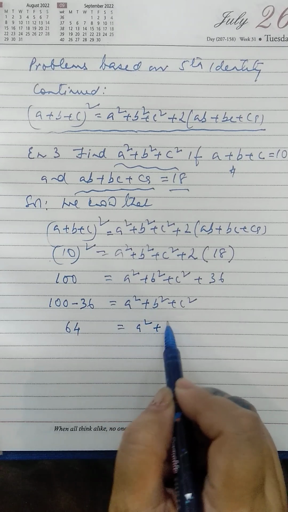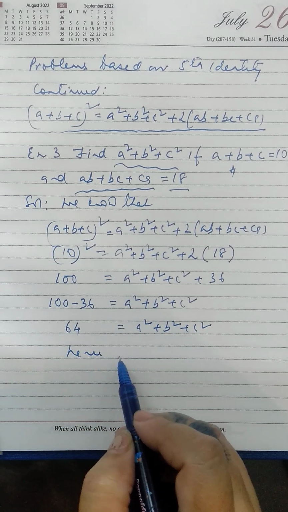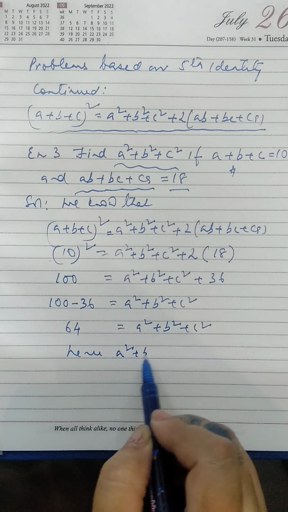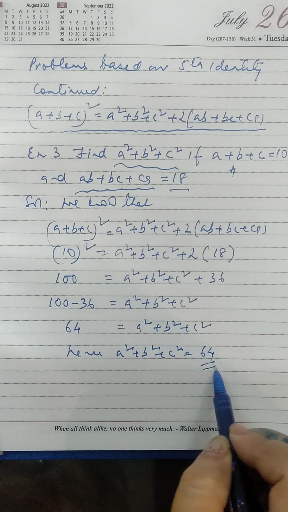Hence the value of a² + b² + c² happens to be 64.